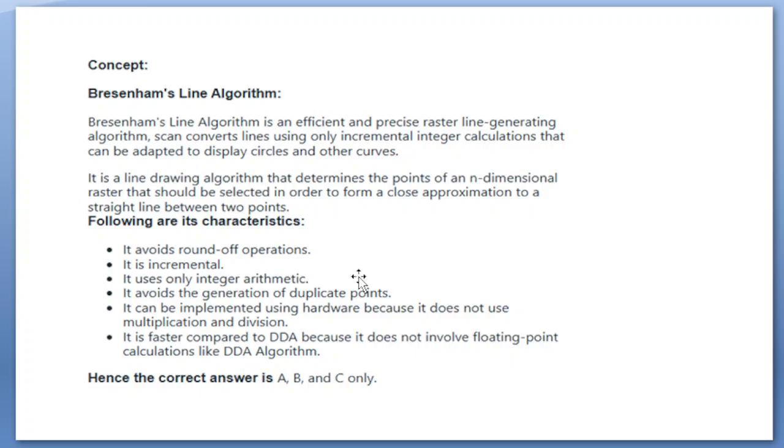It avoids round off operations. We have already said that it takes only integer values and does not accept floating point values. Floating point values are used in the DDA algorithm, but in the Bresenham algorithm we use integer values, so that we can easily draw the line.